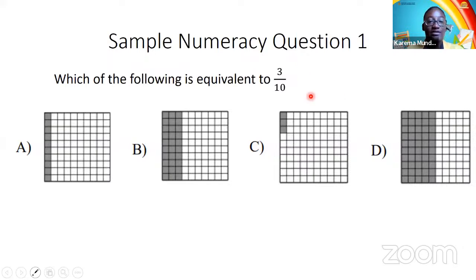All right, thank you, Destiny. Anyone has another way of expressing that? What is option A showing us? What quantity, what fraction is it showing us? So I heard 10 hundredths, all right.